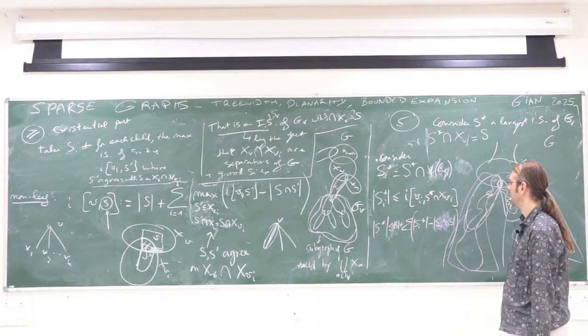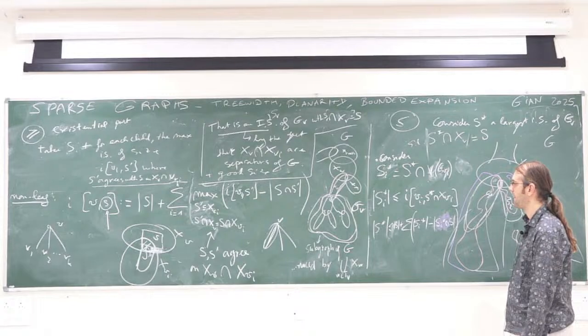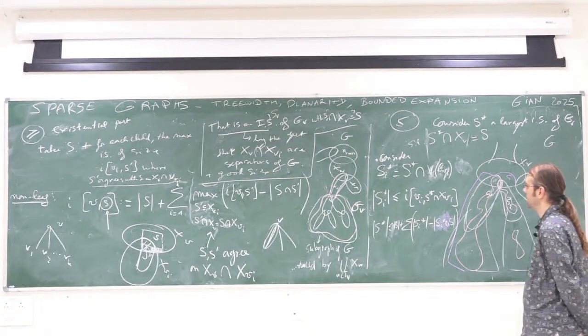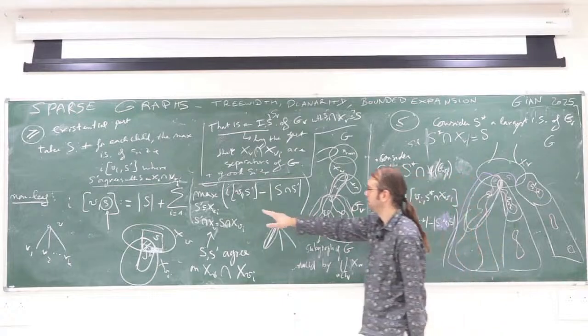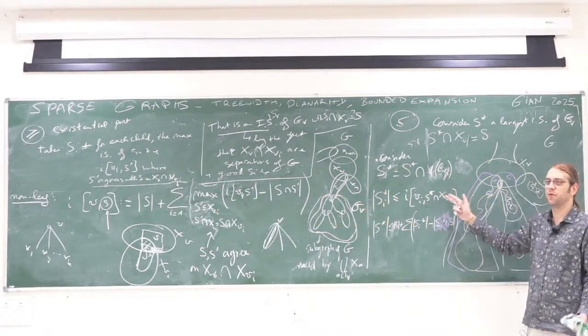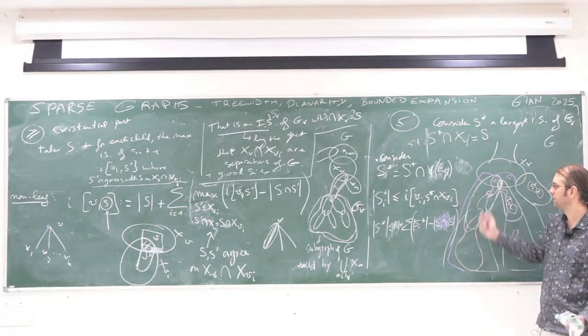And again, because here I was taking a maximum, here I don't have the maximum, but this is certainly smaller than the maximum of all the possibilities, right?